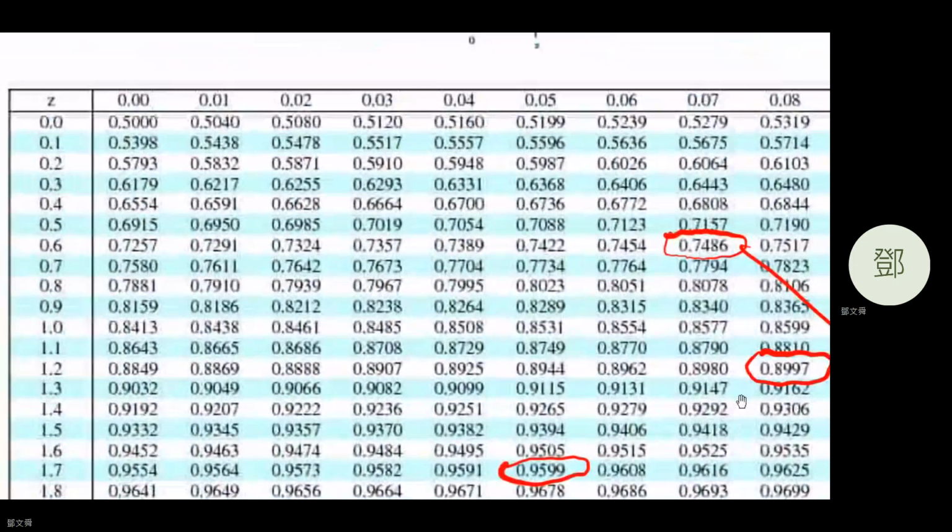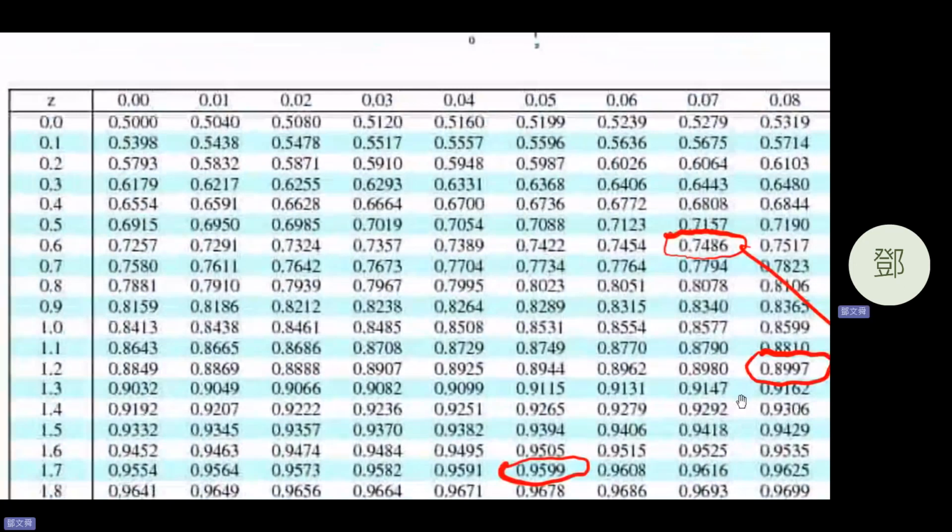Understand? Is it better? No. It is a little further away from 0.9. Is this one better?